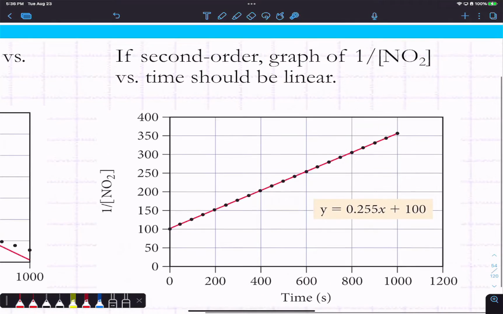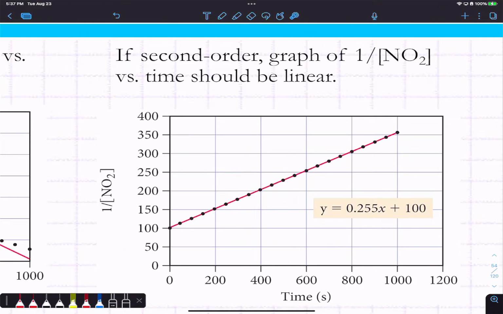So then we can go through and we can graph it again as 1 over the concentration versus time. And if that gives us a perfectly straight line, then we know that it's a second order reaction.